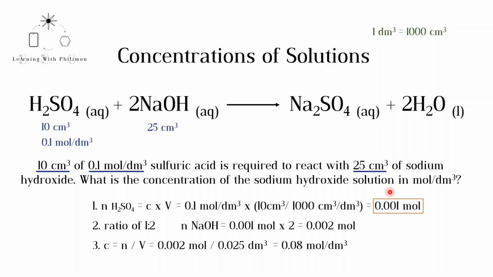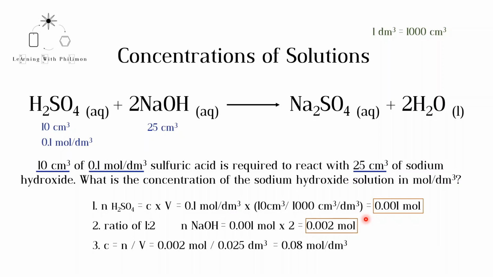The second step is to figure out the number of moles of sodium hydroxide required to react with sulfuric acid. There's a molar ratio of 1 to 2 due to the coefficients. Multiplying the moles of sulfuric acid by 2, we get 0.002 moles of sodium hydroxide. In the final step, we can calculate the concentration of the sodium hydroxide solution.